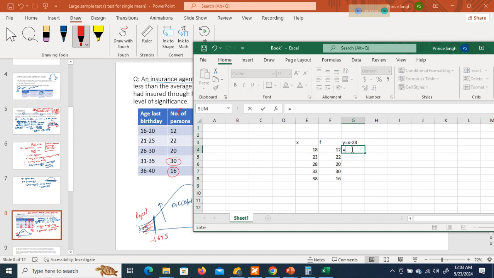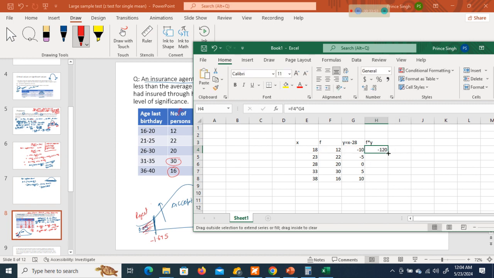So I'm going to simply subtract 28 from this observation and simply take this sum, and now I'm going to calculate f into y. This is equal to this multiplied by this.